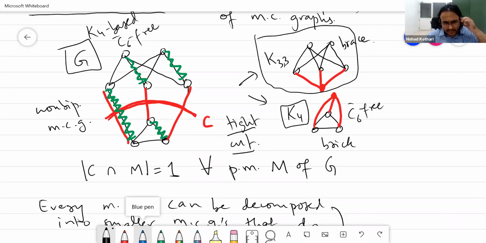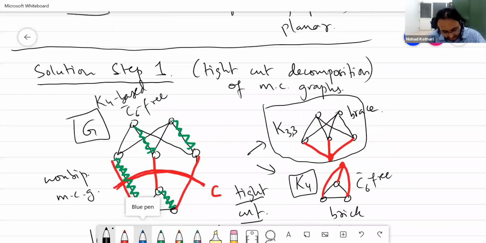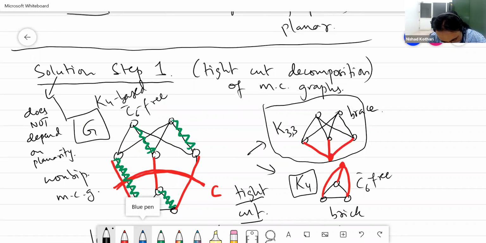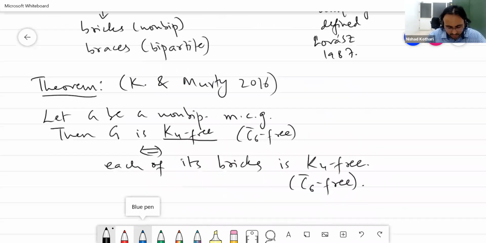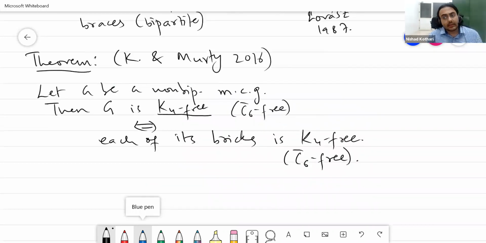So this is the first step. And notice that this step does not depend on planarity. In the theorem statement, I did not make any assumption about the graph being planar. So that is some good news. What does this mean?